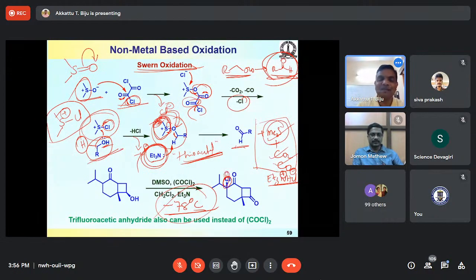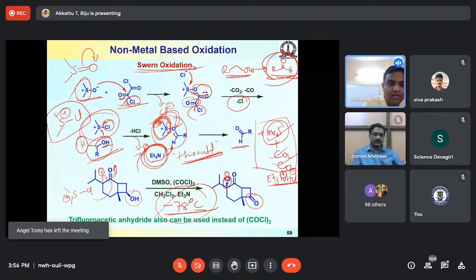Okay. So in some cases, what can happen under basic conditions is this. If you have the Swern oxidation of this alcohol to this ketone, and if we have excess base, there is a possibility that the base can abstract the CH proton to convert it into an enolate, and this enolate can add to the chloride.